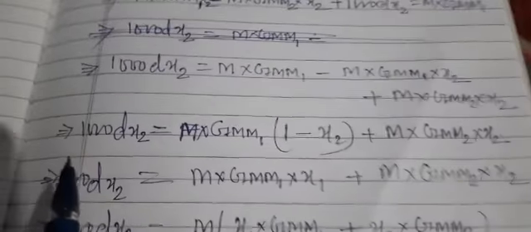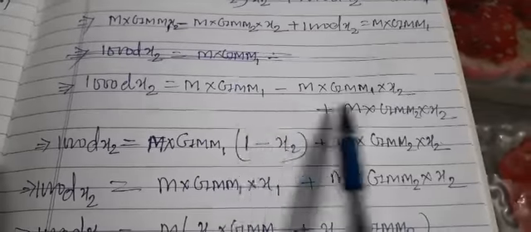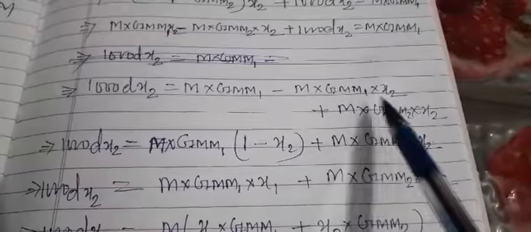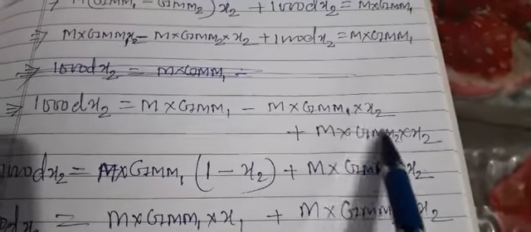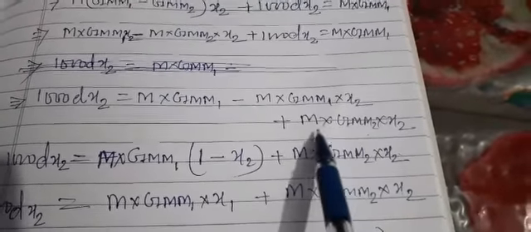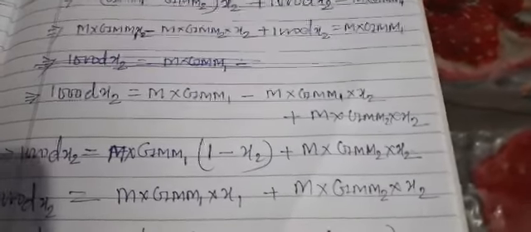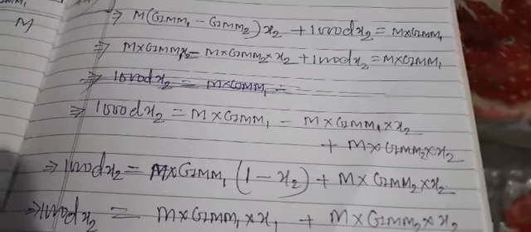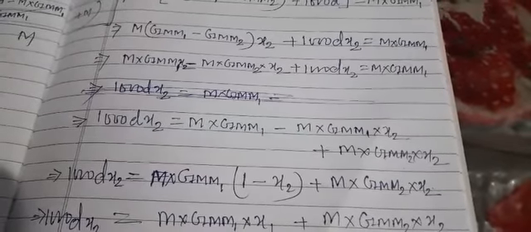So now finally we will get the rearranging. Now you can see here, x2 is there, x2 is there. So x2 is common in both these two, so you can take the common x2. No, we will not be making it like this, there will be a problem.